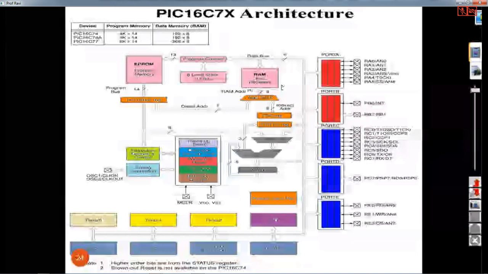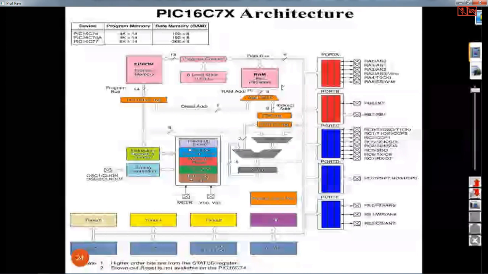As we said, this PIC microcontroller has an on-chip A to D converter and a parallel slave port, and the instruction decoder, and also on-chip RAM, ROM, timers, and serial USART. And you have ports and so on.